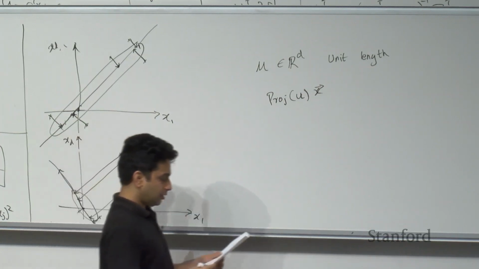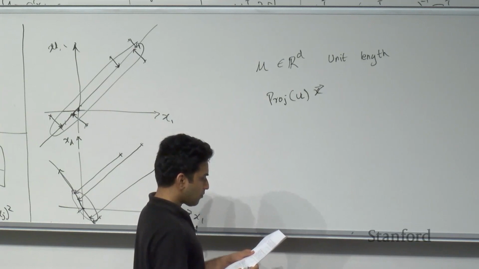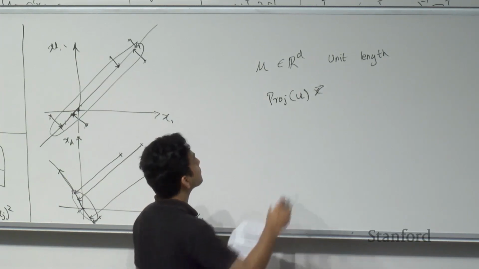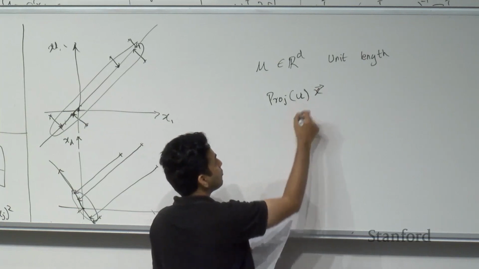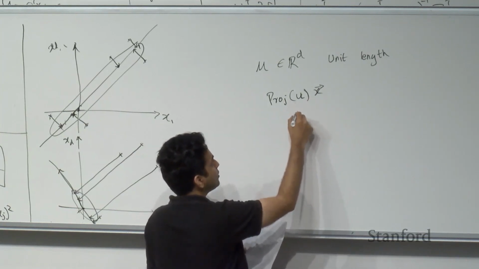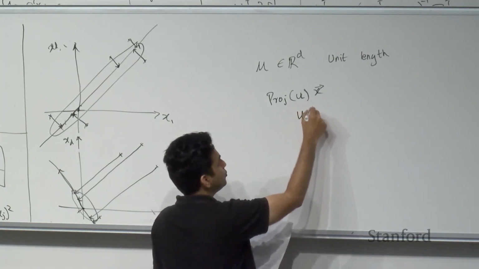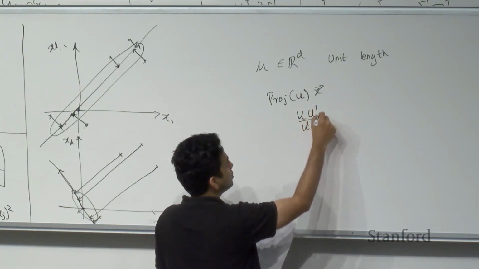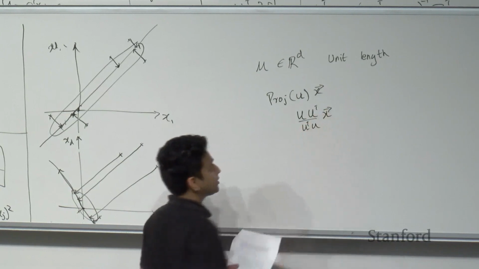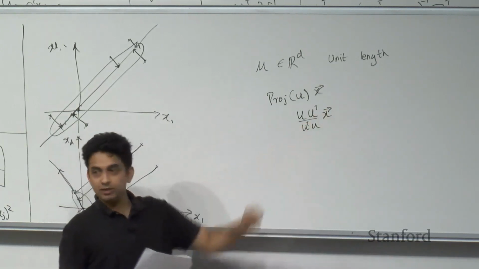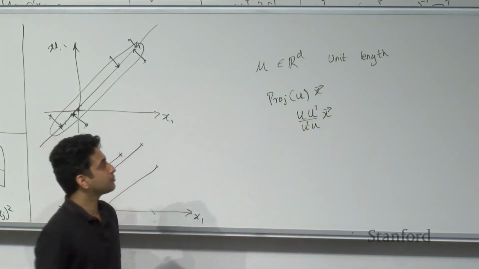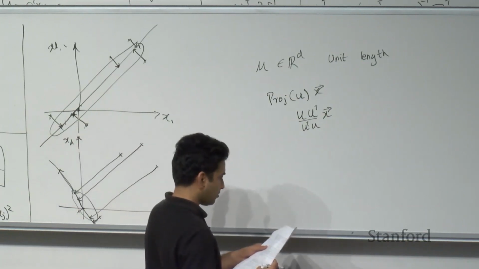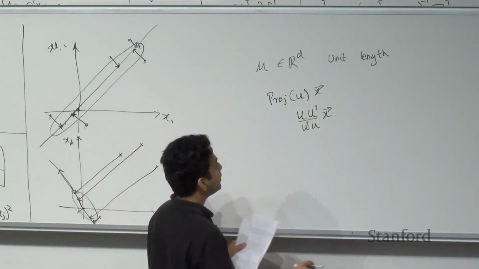And that would be the projected point. The projection matrix of u is basically u u transpose over u transpose u, times x.